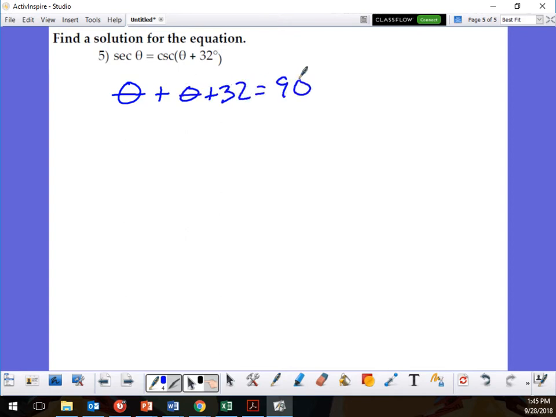So, they both add up to 90. So together, thing 1 and thing 2 add up to 90. So how many thetas do we have there? 2.